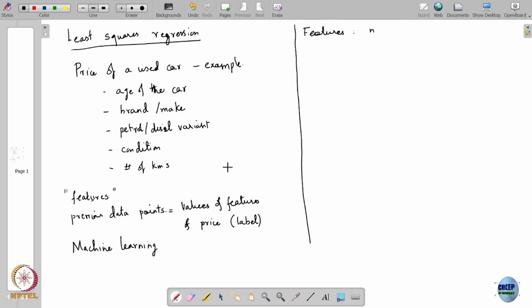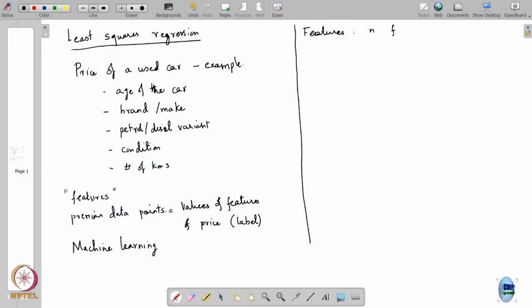These n features include things like this, and I will assume they take values in a continuous space. Here, either-or type features or brand type features are discrete. Let's ignore them for the moment. Let's assume that these are n features taking values in the continuous space. So, this could be the age of the car, some way of measuring condition, the number of kilometers it has run, and so on. Okay. So, these are n features that are real valued. Each of them is a real number.